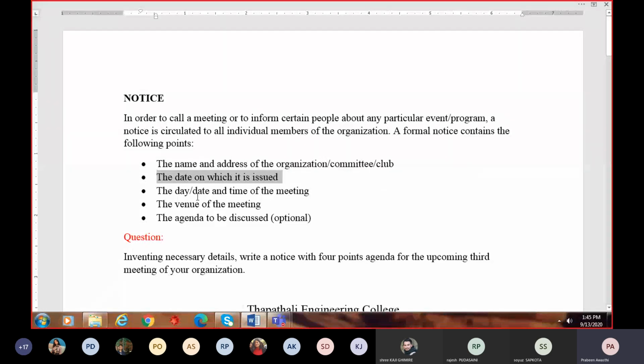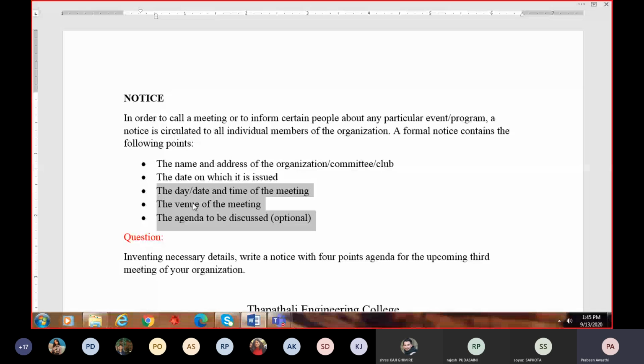After that, you move to the body part of your notice, which must include the date, day, and time of the meeting. These things must be clearly mentioned, because if your notice lacks a date, what happens? I talked about that.